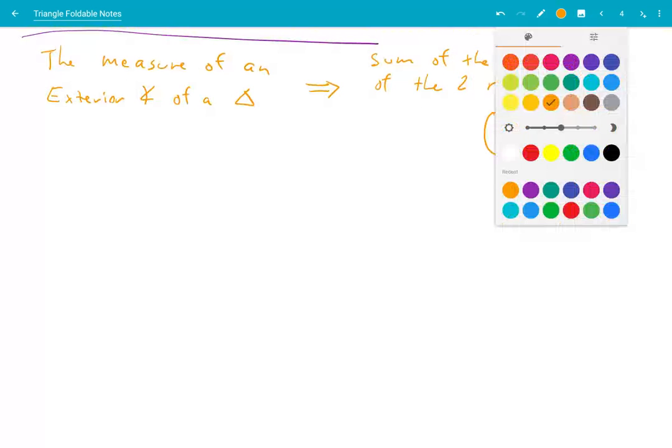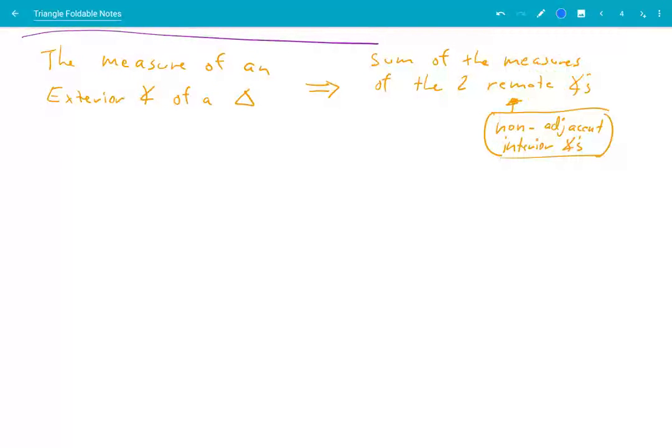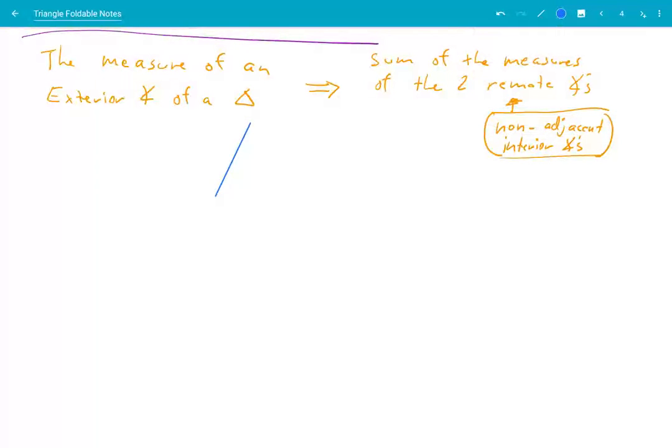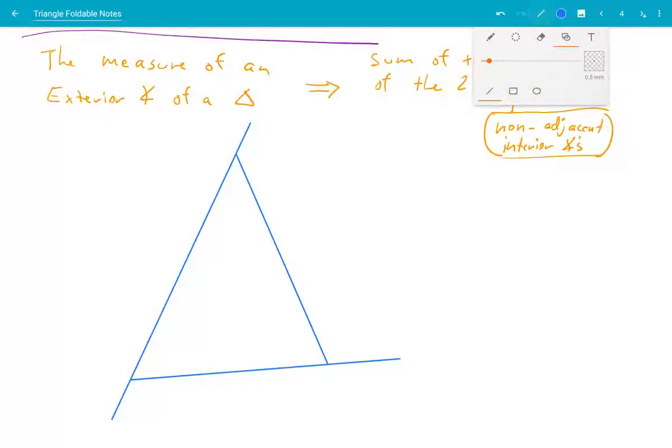Let's get that blue. Let's get our line tool back. All right, so here's a triangle. I'm going to draw this one kind of strangely, because I need some external angles. There we go. That's pretty handy.